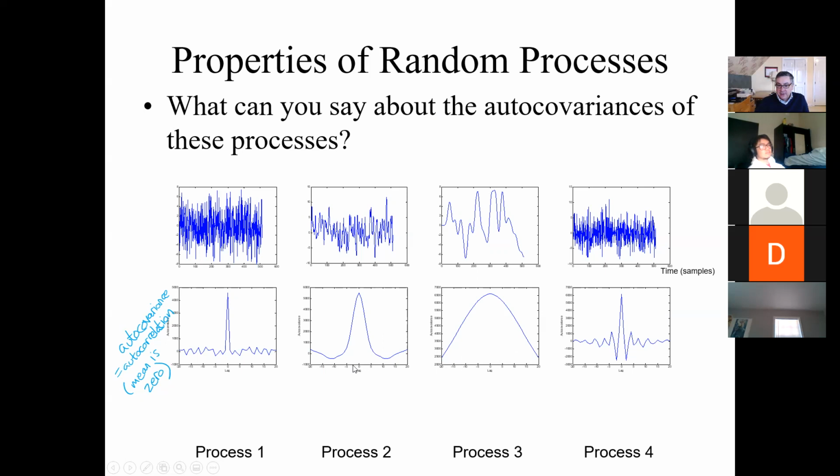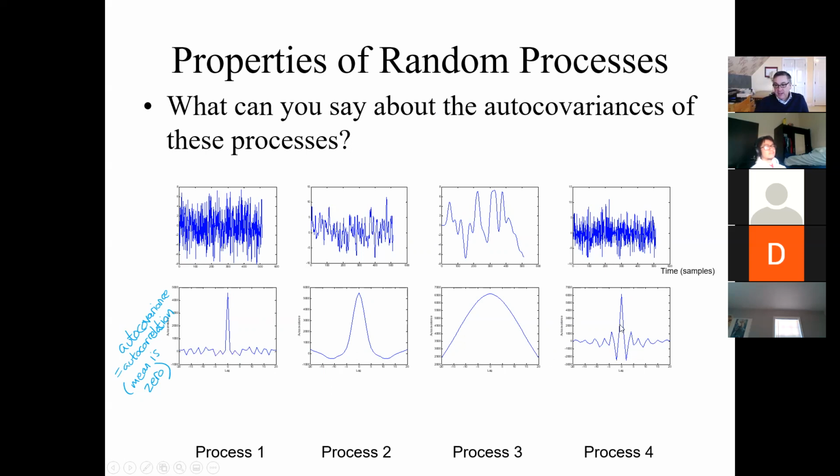And it's much wider than, say, this one, because this one drops down to 0 within about 7 or so time points. Okay, so the range over which this one has positive covariance is plus or minus 7 time points, whereas this one is beyond plus or minus 20. And this one drops almost immediately. In other words, there is almost no correlation between a time point and its neighbor.